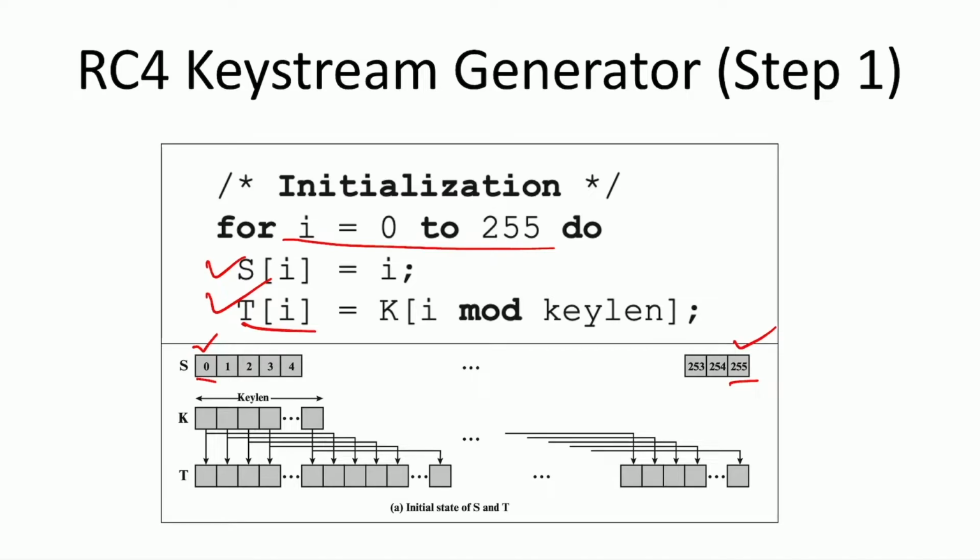So if, let's say, the key is A, B, C, D, E, F, G, H, where each character is 1 byte, then T will have values A, B, C, D, E, F, G, H, A, B, C, D, E, F, G, H. So we just keep repeating it until we have 256 bytes. And of course, in reality, we're actually using the decimal version of each of these characters, because we are dealing with numerical values here, as we will see in a while.